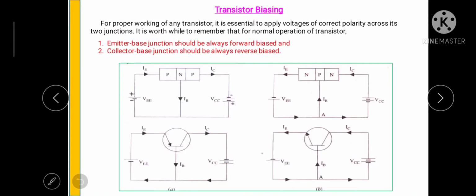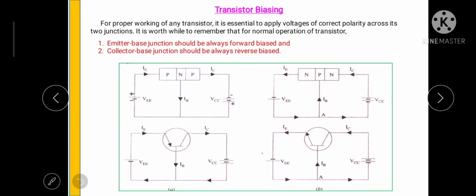Now come to the topic of biasing of transistor, or transistor biasing. For proper working of any transistor, it is essential to apply voltages of correct polarity across its two junctions. So it is worthwhile to remember that for normal operation of a transistor, two rules are applicable.